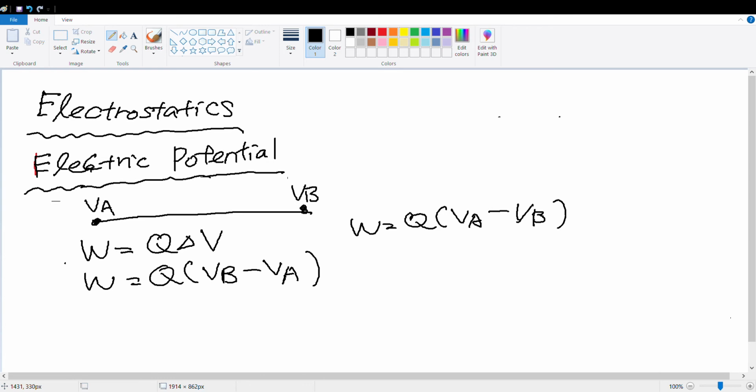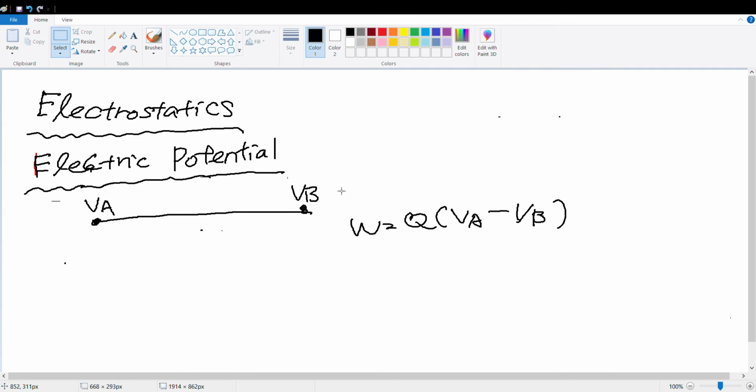To be reminded, the change in electric potential must always be final minus initial. So this is the electric potential difference between 2 points.